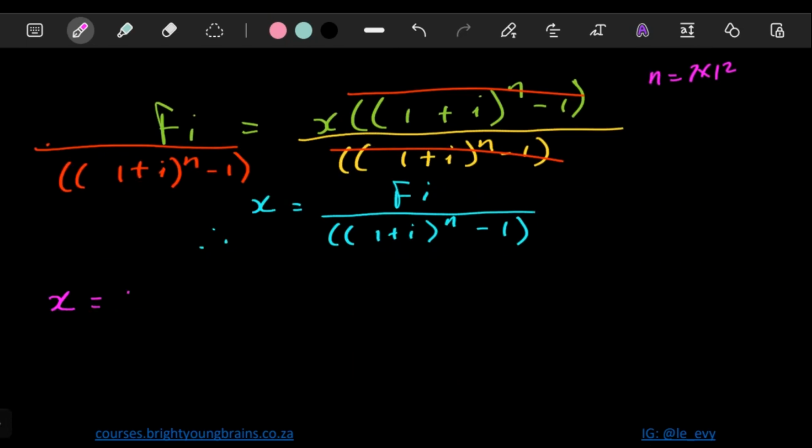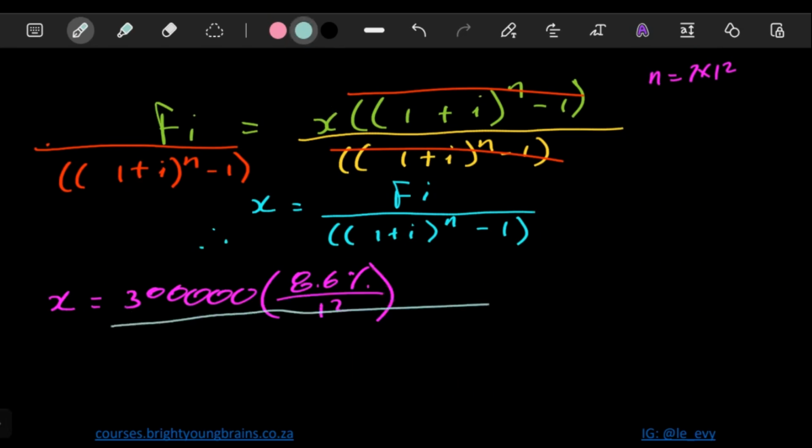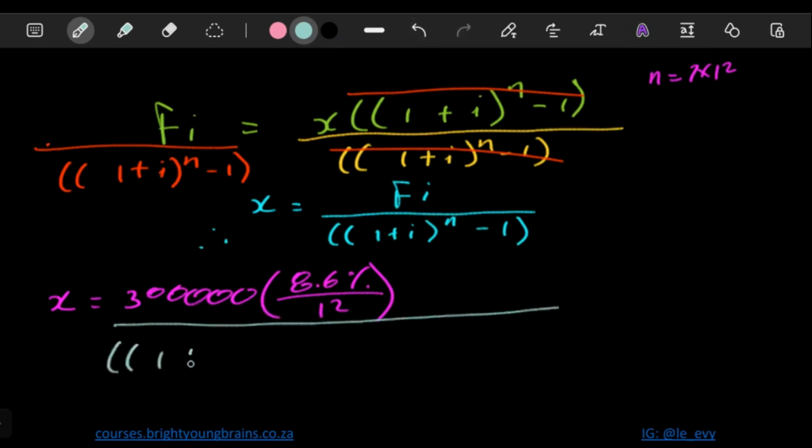So F here is 300,000. Interest, what is interest? 8.6%, right? Over 12, the whole thing over 12. What is n? n is 7 times 12, right? Which is like 72? Is that what 12 times 7 is?